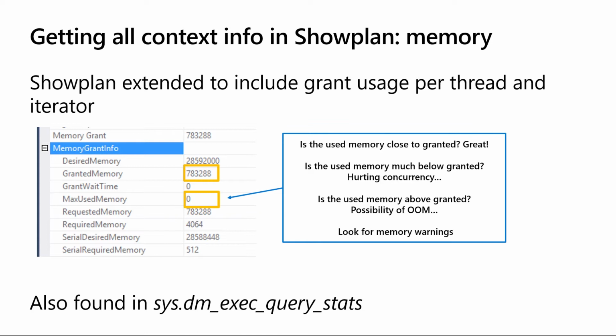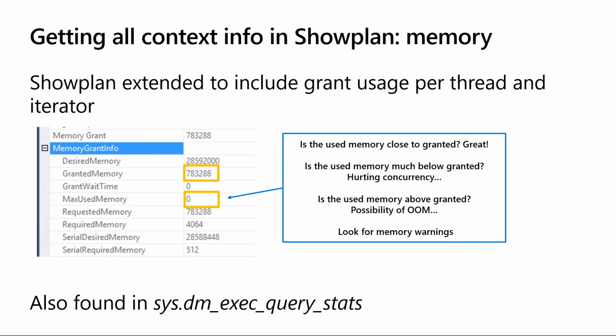The granted memory is based on estimations, based on the estimated number of rows and the type of operations that the query will perform. The optimizer comes up with an optimal amount of memory for the query to execute. And in this case, we can see it's almost 800 megabytes. But then during execution, it ended up using a lot less than 1 byte, so it didn't even register here.